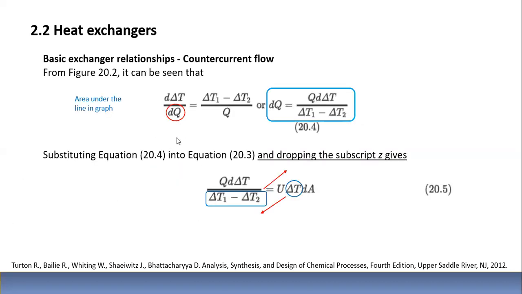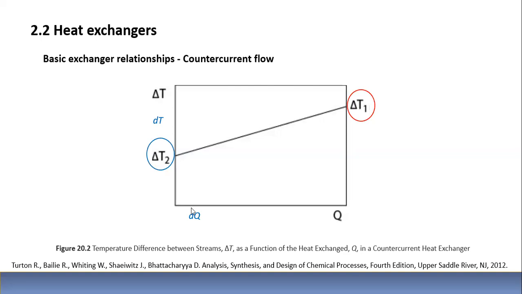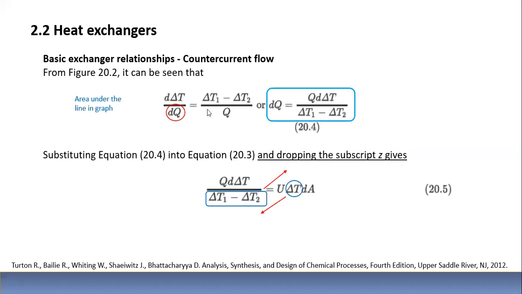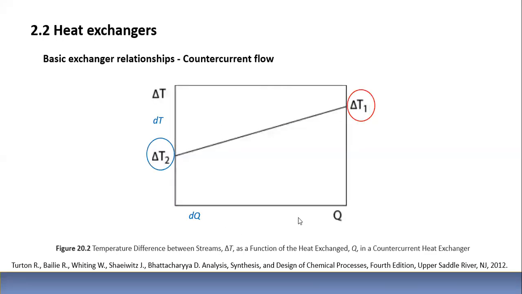Okay, what else do we have here? The area under the graph: it can be seen that d delta T over dQ would be equal to delta T1 minus delta T2 over Q, because Q will be a given amount of Q minus 0.